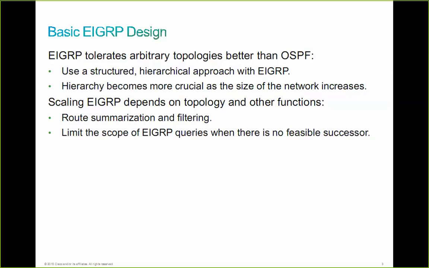So as you scale the network, you have to implement additional design elements that you normally wouldn't have to put into place to make sure that the network is stable and it's still responsive to topology changes and so on.